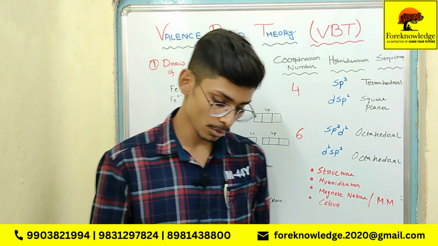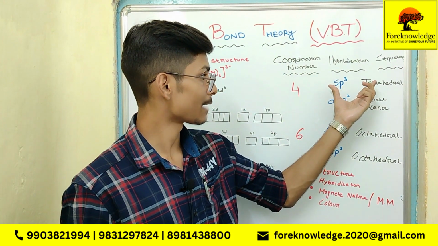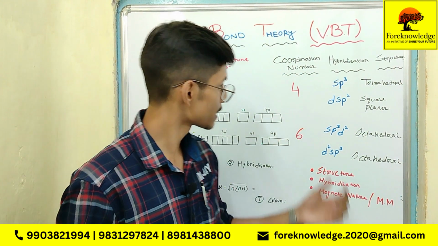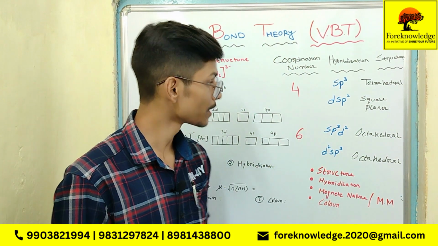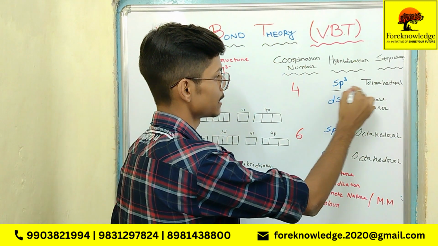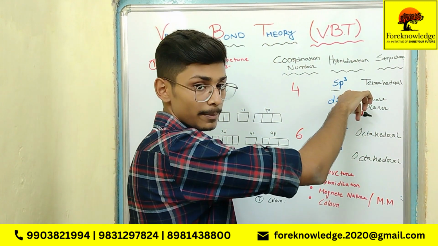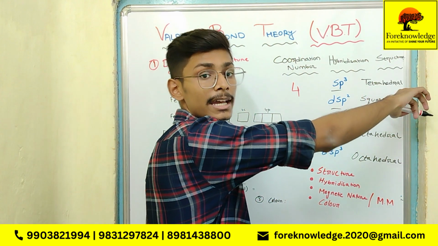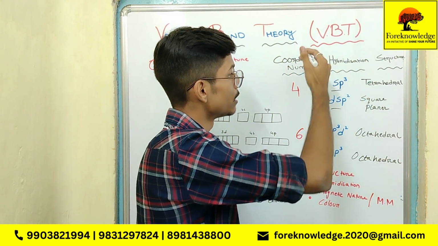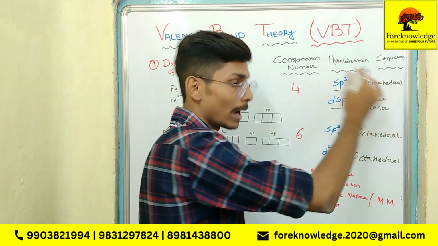First we have to memorize one thing: coordination number, hybridization and structure. When the coordination number is 4, there are two types of hybridization possible, that is sp3 and dsp2. When the hybridization is sp3, the structure is tetrahedral, and when the hybridization is dsp2, the structure is square planar.